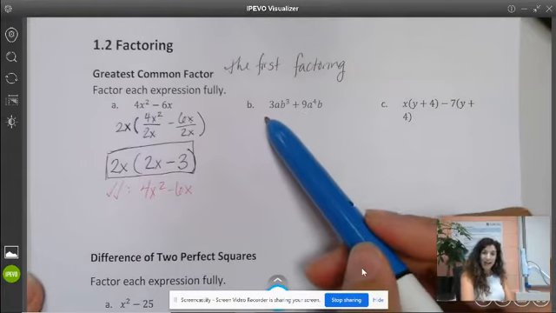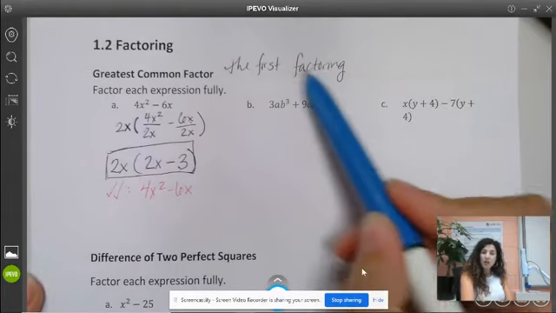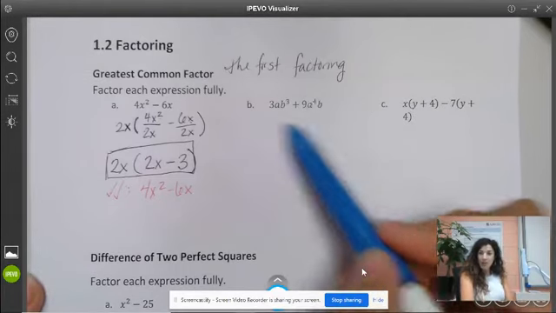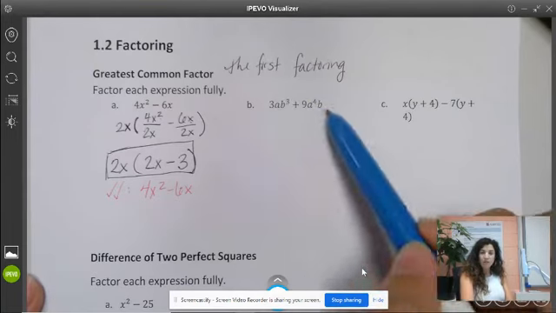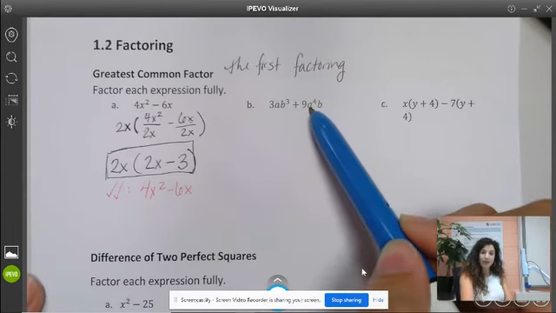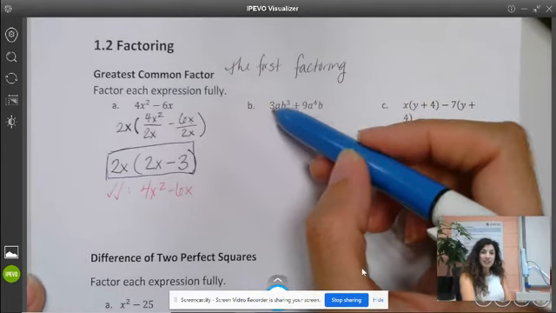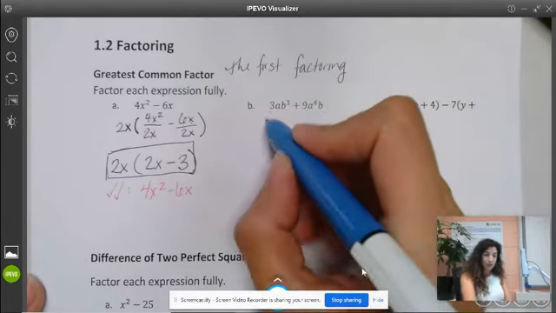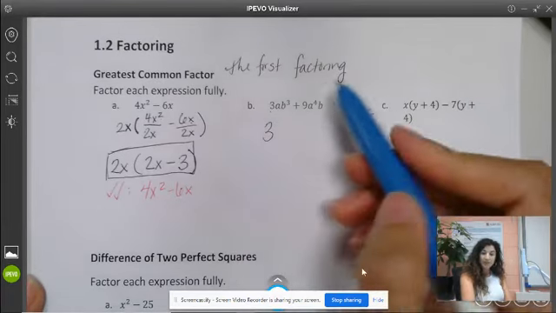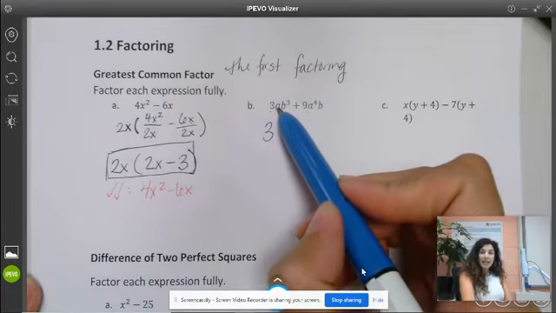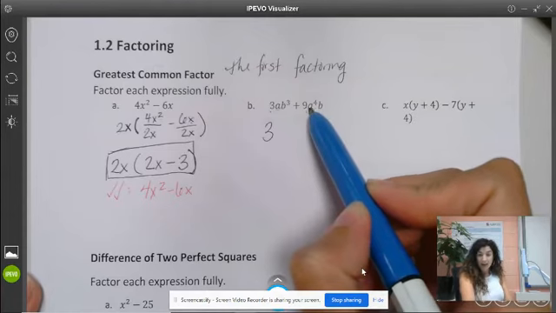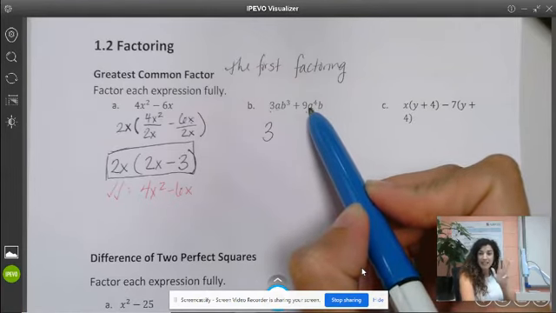We are going to try again. What are some things that we know are shared within these two terms? What are a few things that you think you can pull out? We should be able to see that there's a 3 that goes into here and a 3 that goes into here, so you could pull out a 3. We also have 1 a here and 4 a's here, a times a times a times a.